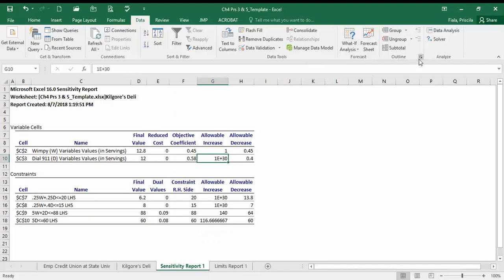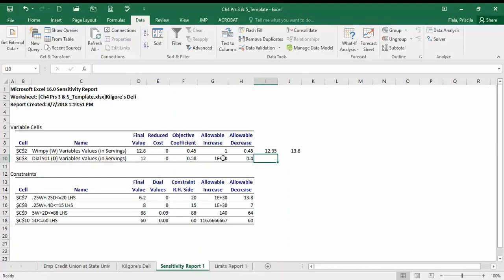So what you can do, when you're calculating, if you want to go ahead and calculate all the ranges, if I ask you, you already have all the values, how would you do that? Well, right here you can do that. Your final value, we're talking about your decision variables right here. So the allowable decrease is 0.45, and the allowable increase is 13.8.